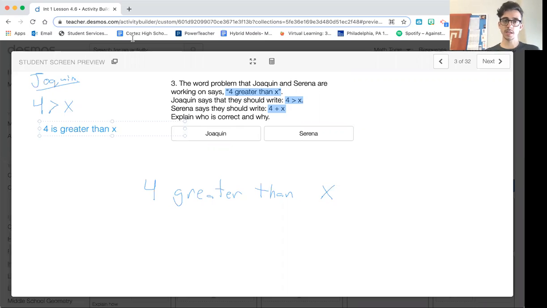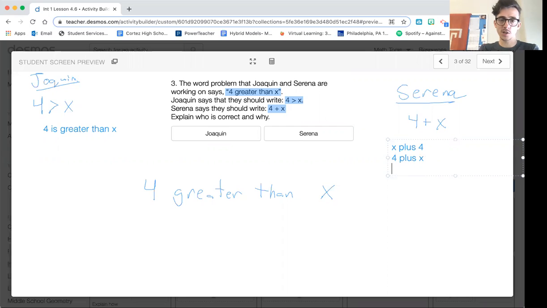But if we look over here and sketch out Serena's situation, Serena has 4 plus x. And there are a bunch of ways that we can interpret this. We could think of this as x plus 4, 4 plus x.